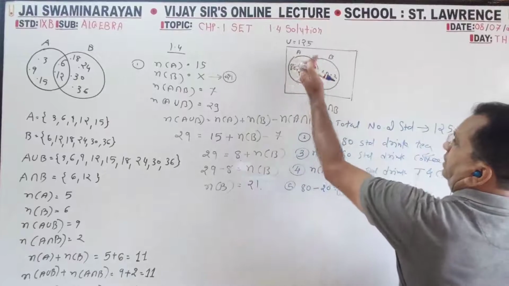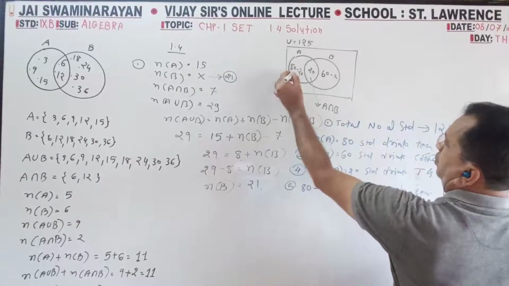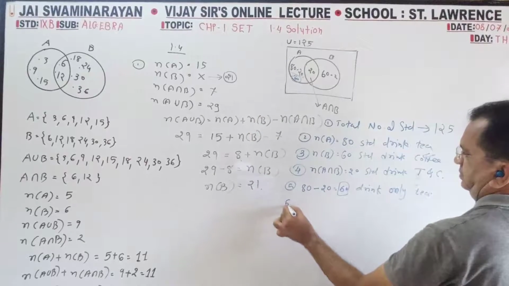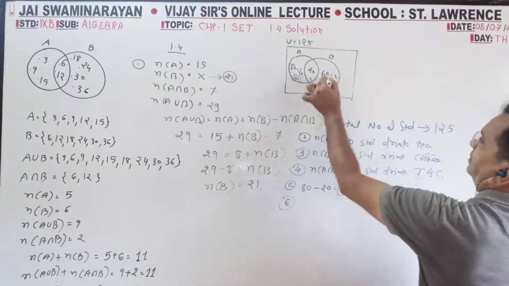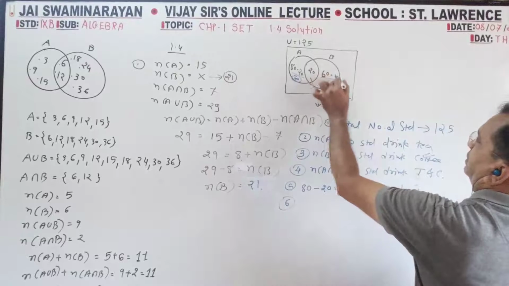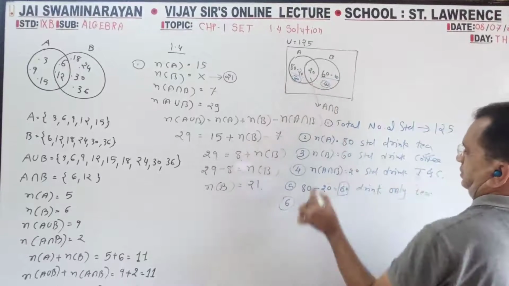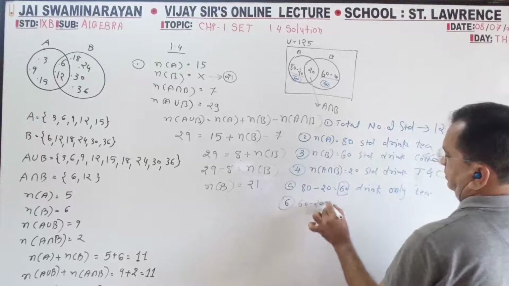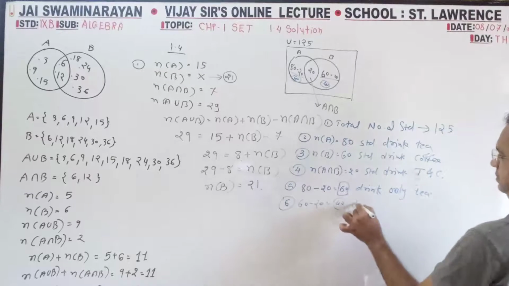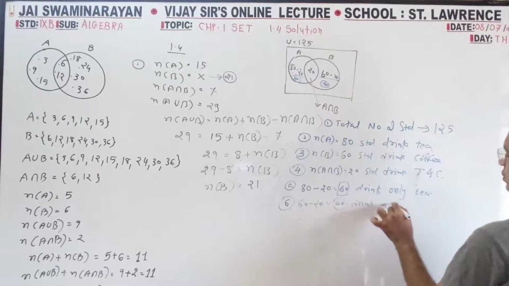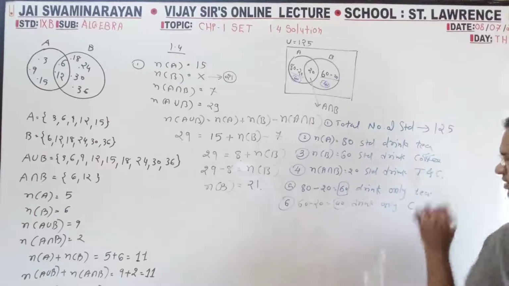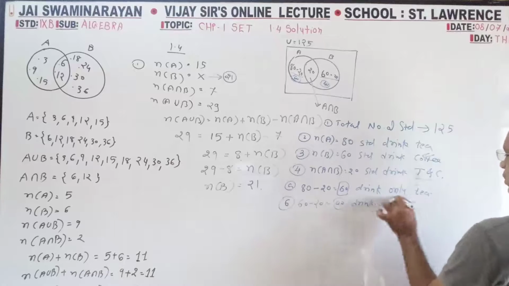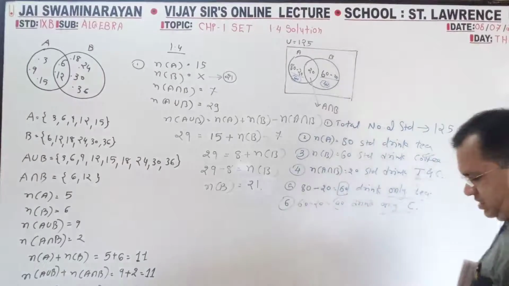From tea remove the double, so only this will be 60. From 60, 20 removed, so 40. 60 minus 40 is 20. Drink only coffee. So drink both, drink only tea, drink only coffee.